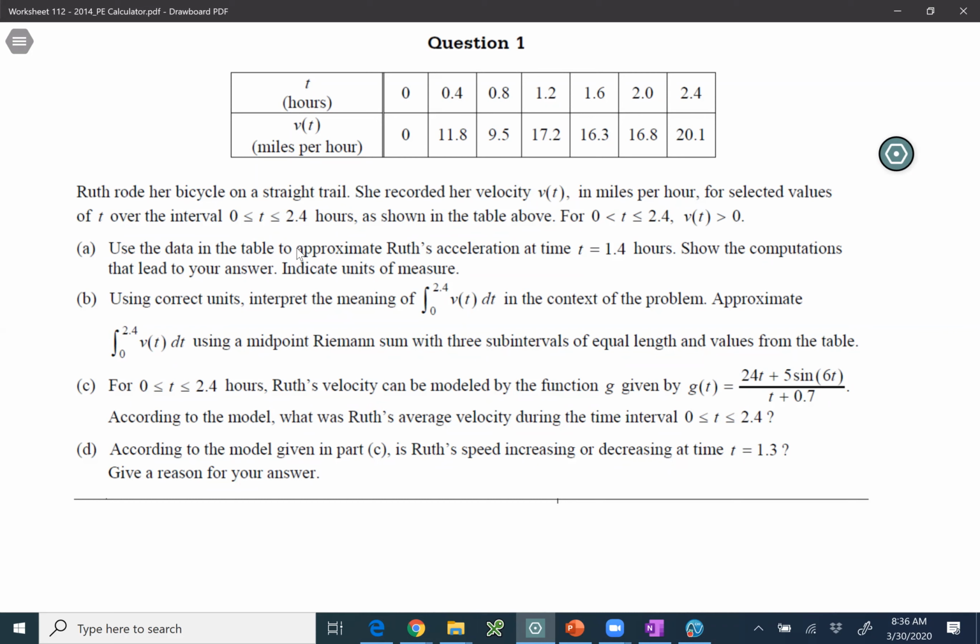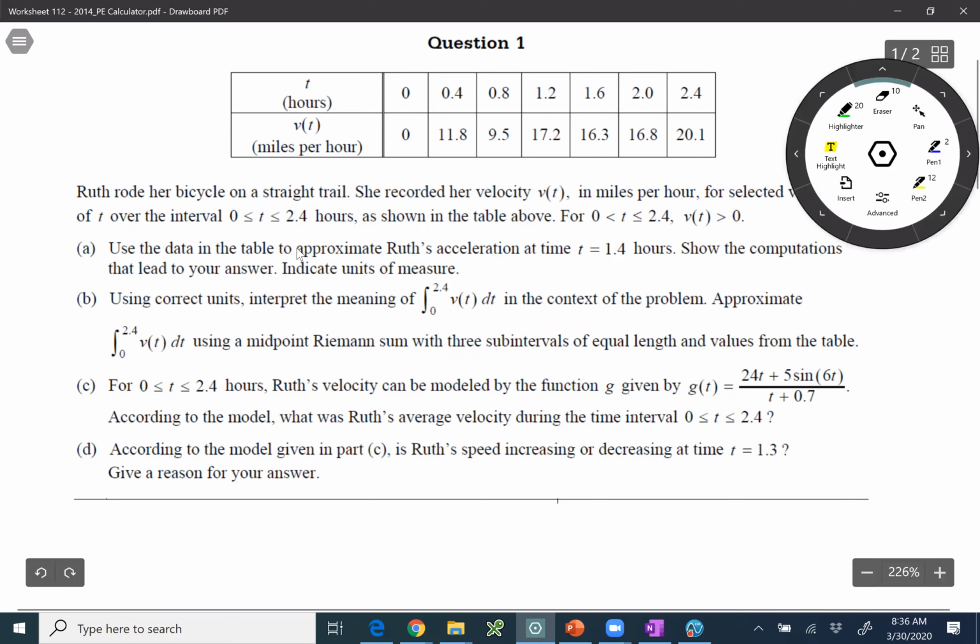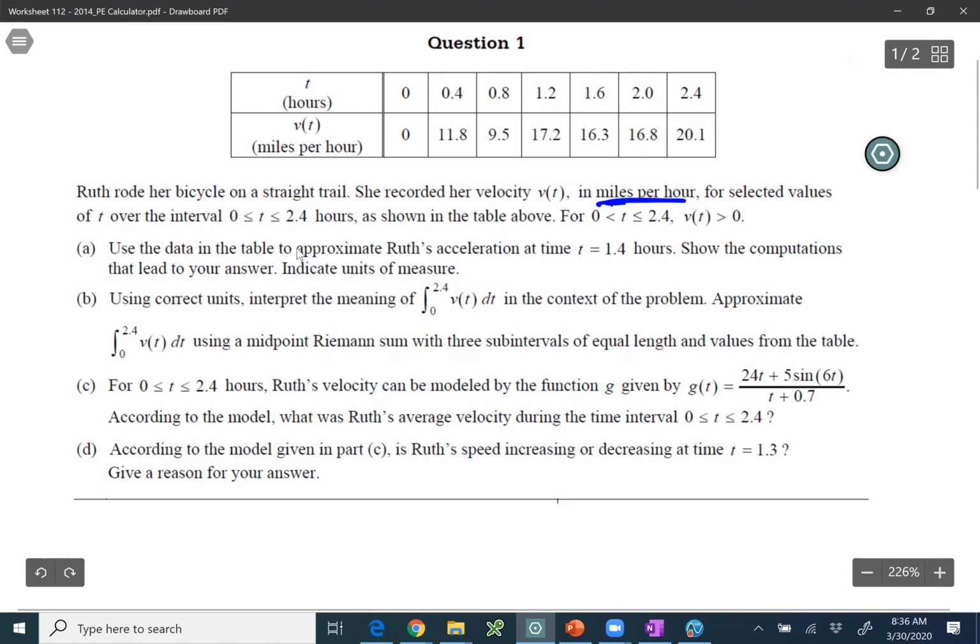So we see the table and it says Ruth rode her bicycle on a straight trail, and she recorded her velocity v of t in miles per hour.